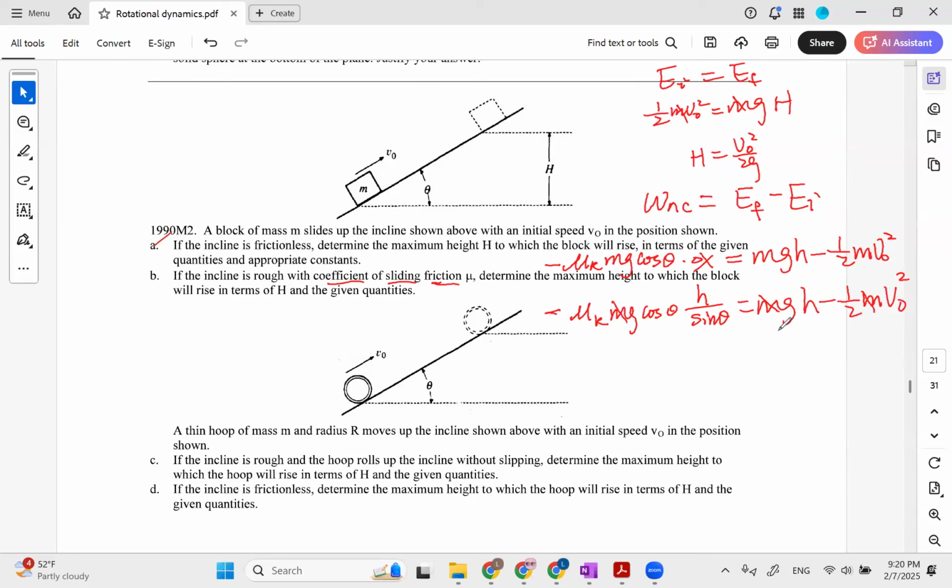And then you combine. So gh times 1 plus mu k cotangent theta equals v squared over 2, right? So you will find the new h will be equal to v naught squared divided by 2g times 1 plus mu k cotangent theta.